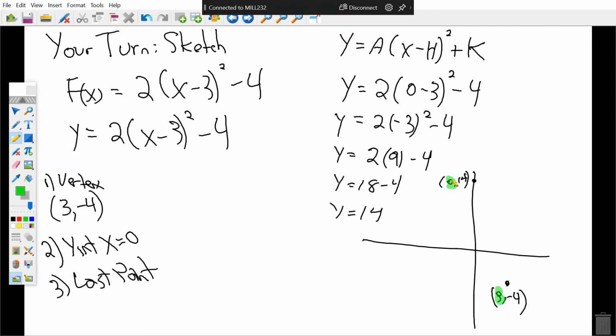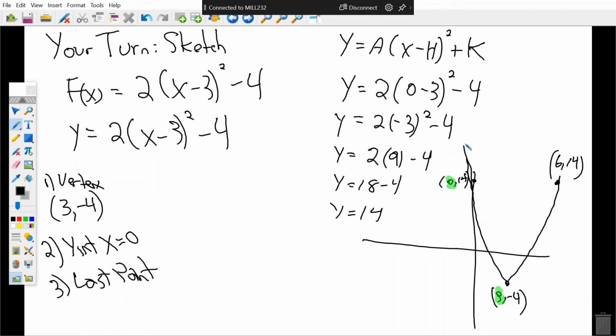And how far apart are 0 and 3? They're 3 apart. Okay, so then we go over here. If we went from 0 to 3, which was 3 apart, we're going to go from 3 to 6. Put our dot there, at 6 and 14. Connect our dots. And we're done. Okay.